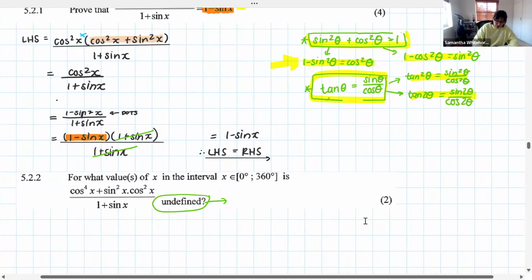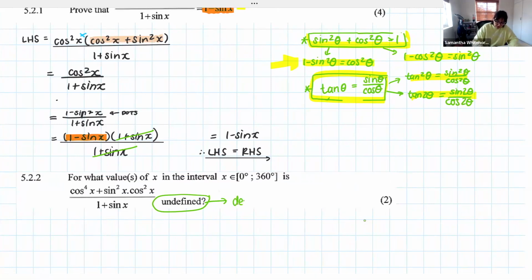So guys, remember, this means that our denominator is equal to 0. If we have 0 over x, that's fine. I've got no problem with that because 0 divided by anything is still 0. What I don't want is a value divided by 0 because that is undefined.